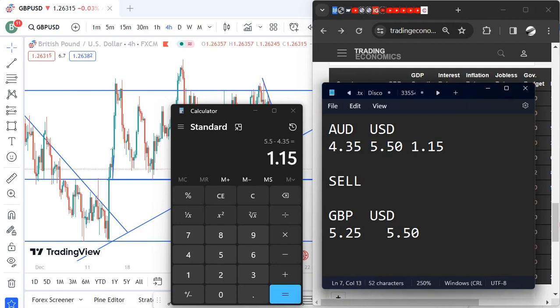So what is the difference between these two? 5.50 subtract 5.25. So the difference is 0.25, which is a small difference. Although USD is heavier or has more interest rate than Great Britain.